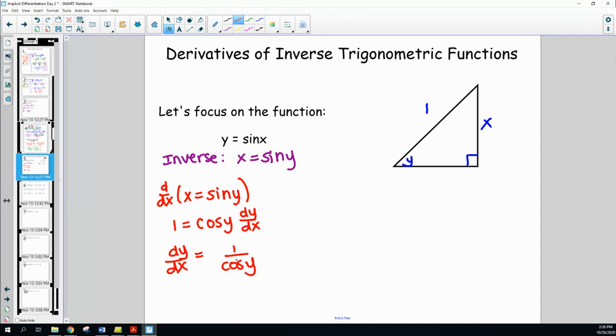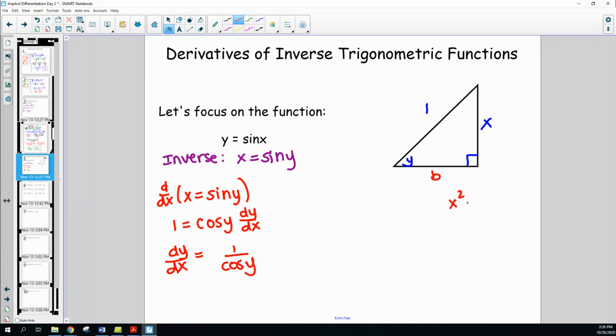To figure out what cosine y is, we need to look at our triangle. We said that the opposite side is x and the hypotenuse is 1. There's this third side, which I'm just going to call side b. I can find that using the Pythagorean theorem.